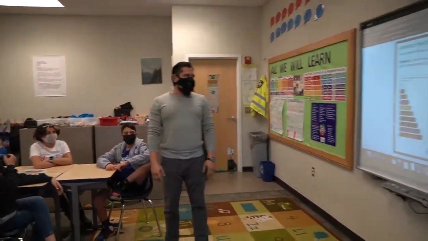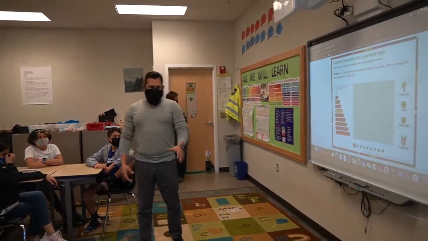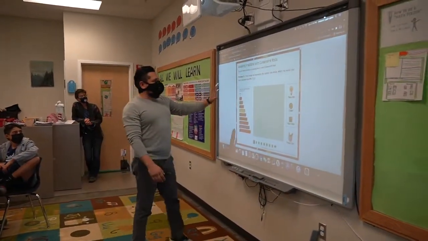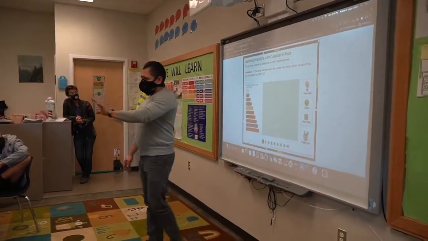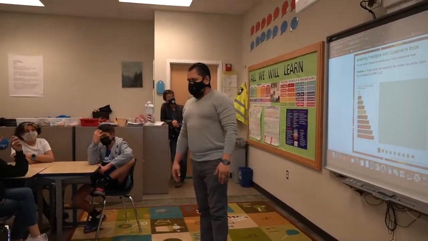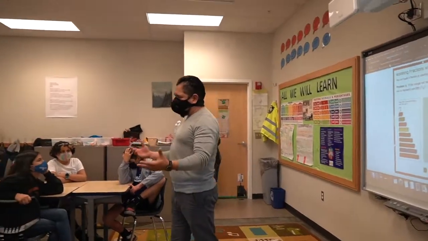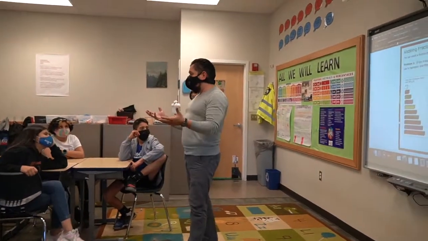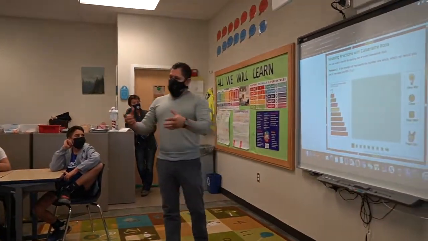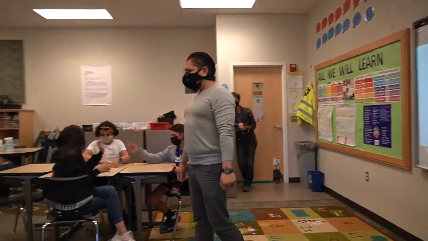So the first one is if we can represent 1/5 using the Cuisenaire rods. Now, in order for us to represent 1/5, we first need to know what the whole is, right? So open your Cuisenaire rods.